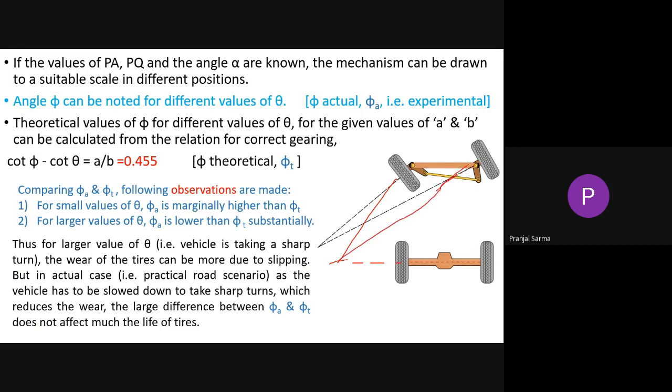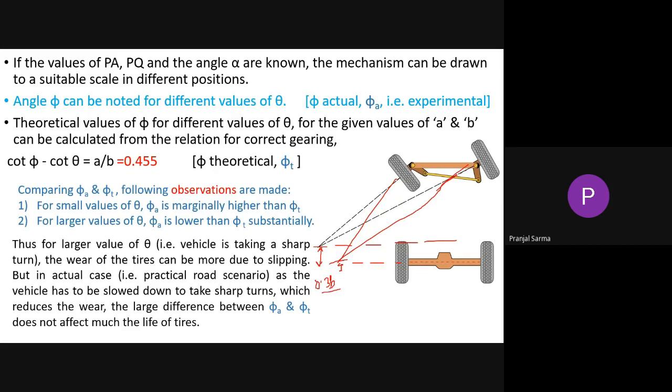The instantaneous center is the imaginary center about which it is moving. But right now you can see it is not here, but lies parallel to the rear axis at a distance of 0.3b from the rear axis.